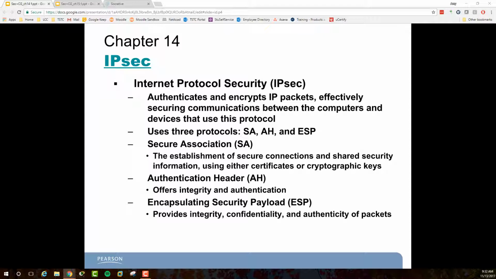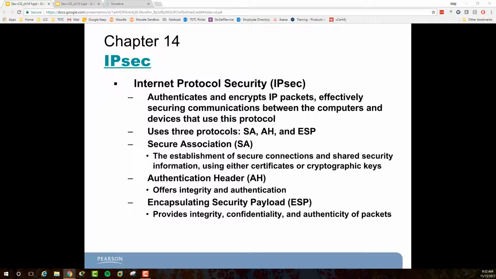The authentication header gives you a header tag to be able to offer hashing and authentication within each packet. The encapsulating security payload is the part that does the actual encryption. So these three things together are part of IPsec.